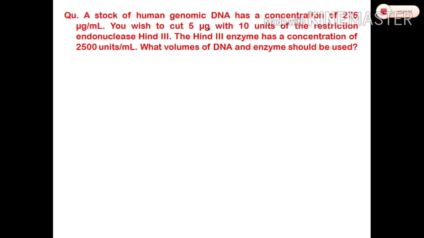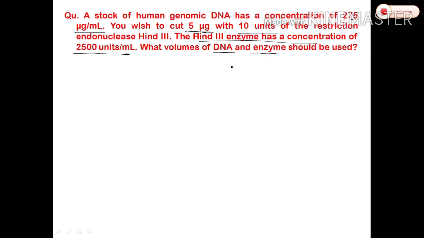A stock of human genomic DNA has a concentration of 275 microgram per ml. You wish to cut 5 microgram of this DNA with 10 units of the restriction endonuclease. The HindIII enzyme has a concentration of 2500 units per ml. What volume of the DNA and enzyme should be used?